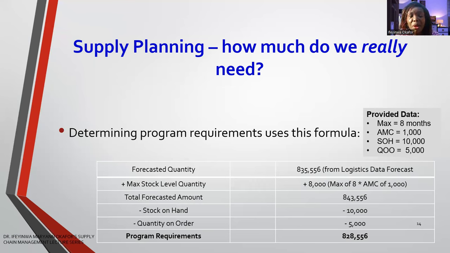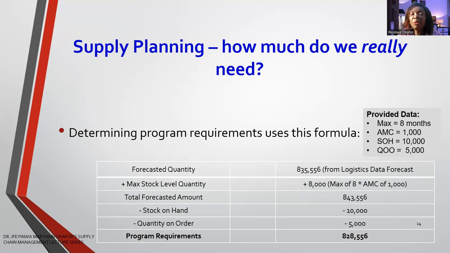The next thing we do is to calculate our maximum stock level quantity. The formula is maximum stock level times average monthly consumption, which gives us the maximum stock level quantity. In this slide, our maximum stock level is 8 months. That is, our facility can only store at a particular time the amount of goods that will last us for 8 months.